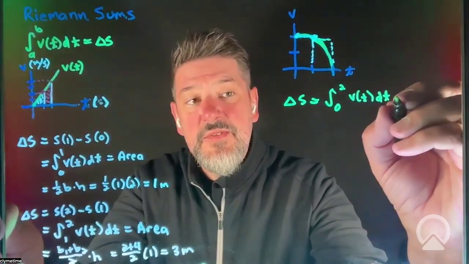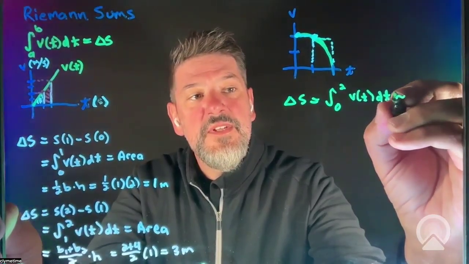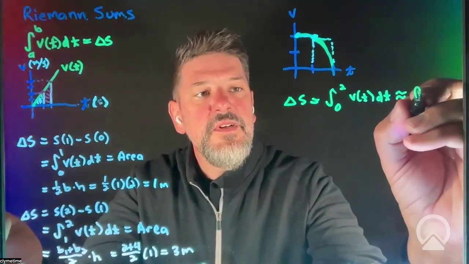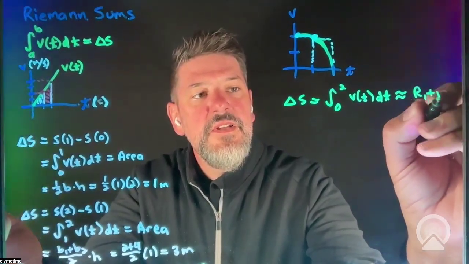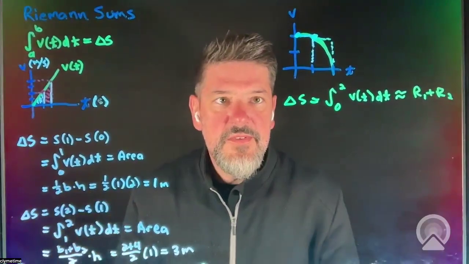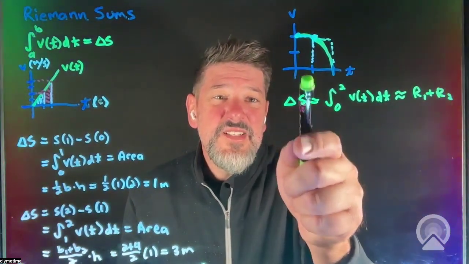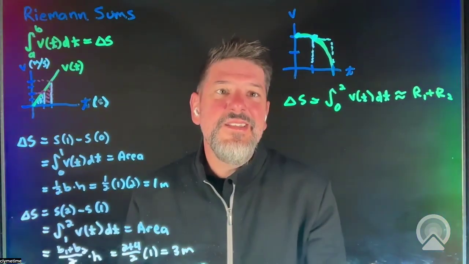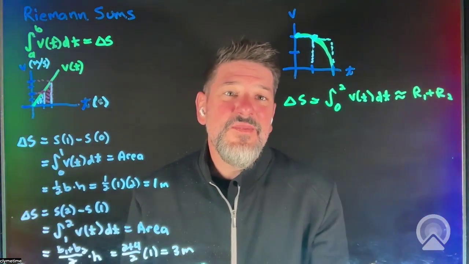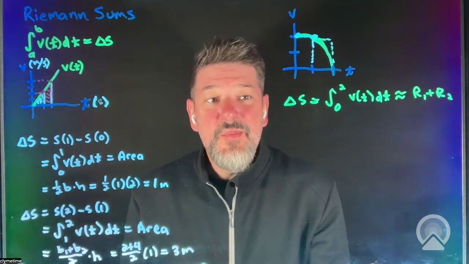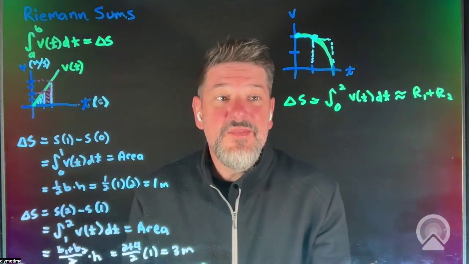And this is going to be equal to the area, but it's approximately equal to the area of these 2 rectangles. So I'll say R1 plus R2. So it's approximately equal to the area of those rectangles, because we can see those rectangles don't perfectly fit inside of that curve. And so that's why it's just an approximation. So the approximation isn't perfect, but it does work.